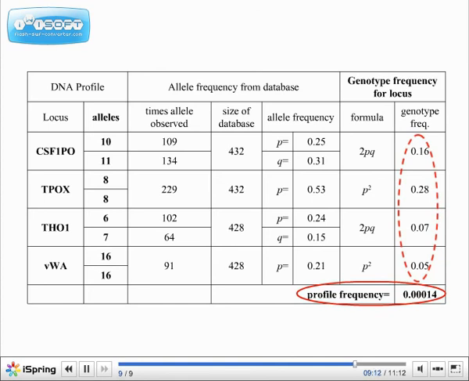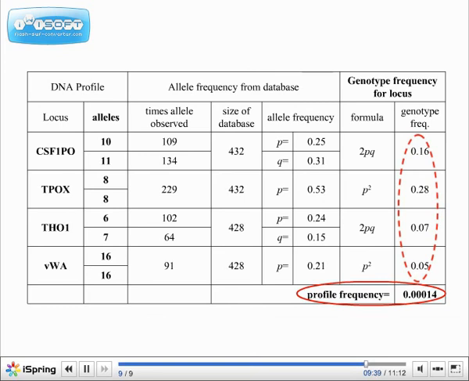The genotype frequency at the CSF1PO site is the product of the allele frequencies 0.25 and 0.31 times 2, or 0.16. The genotype frequency at the TPOX locus is obtained by taking the allele frequency of allele 8, 0.53, and raising it to the power of 2 to yield 0.28.